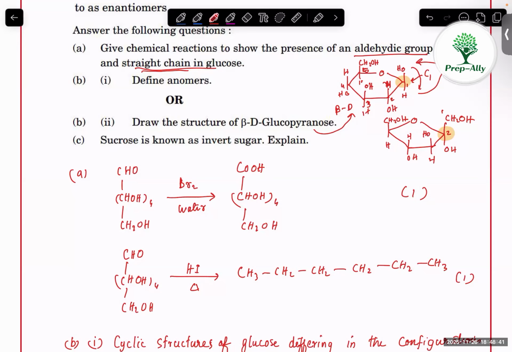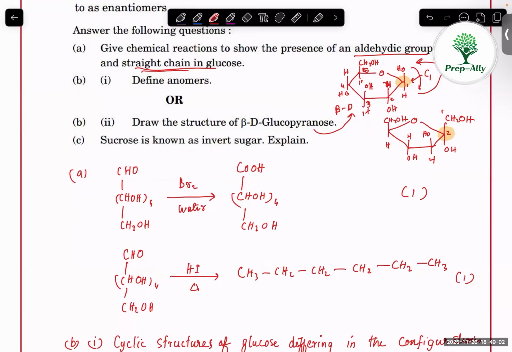That is the beta D, an easy way to remember. If it is alpha D, the first carbon will have changes, but on the third carbon OH will always be on the top. The fifth carbon and the others, you don't need to worry, their positions are fixed. Only the third one, OH will always be on the top. And on the first one, OH on top means beta, OH below means alpha.